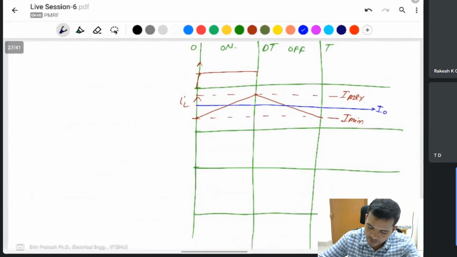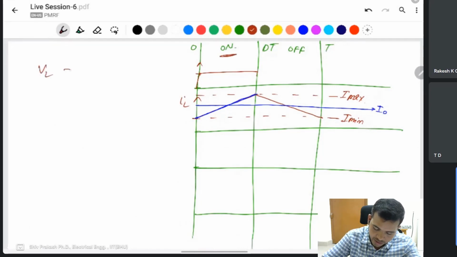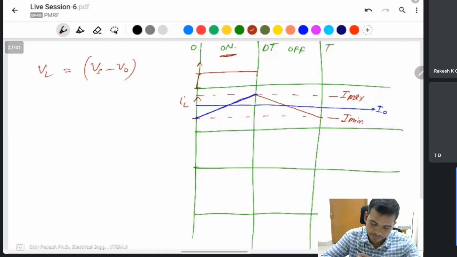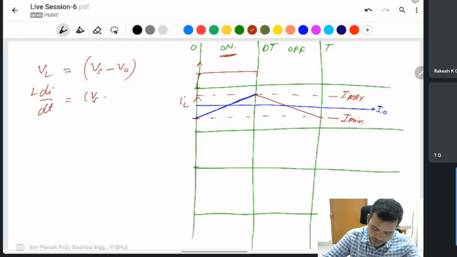Then what will be the ripple of this? We take I minimum to I maximum. In the on time, the voltage across the inductor is Vs minus V naught. L di by dt equals Vs minus V naught.